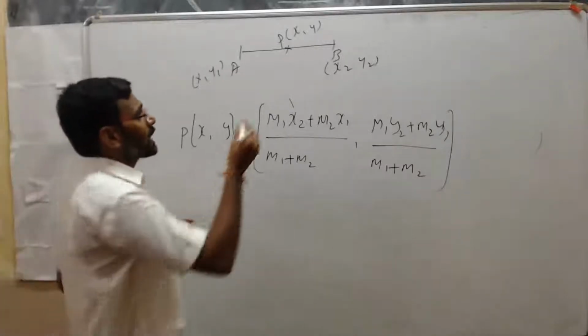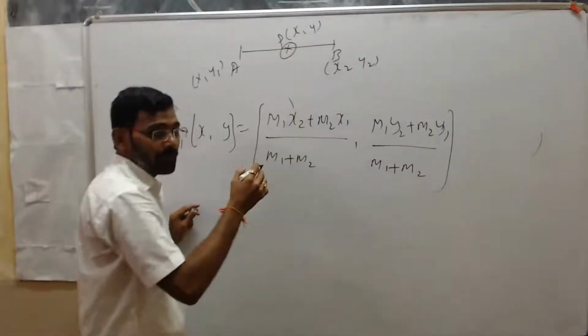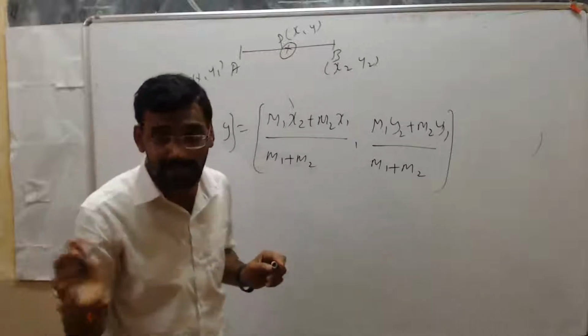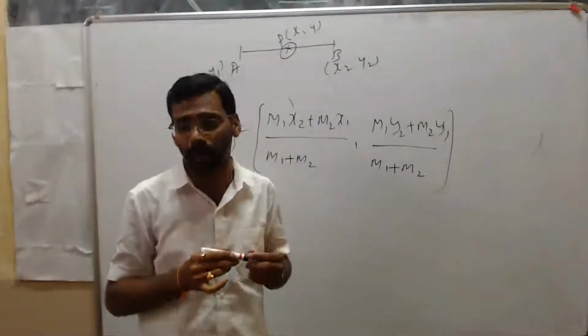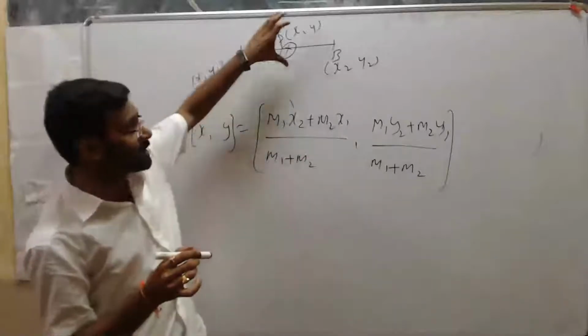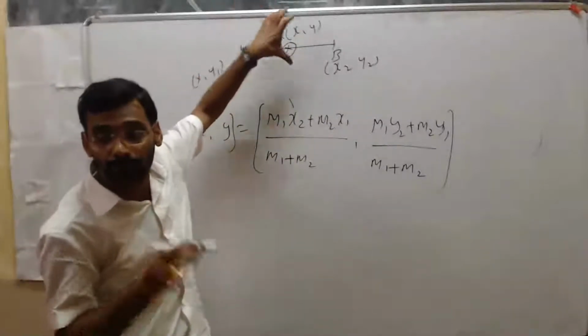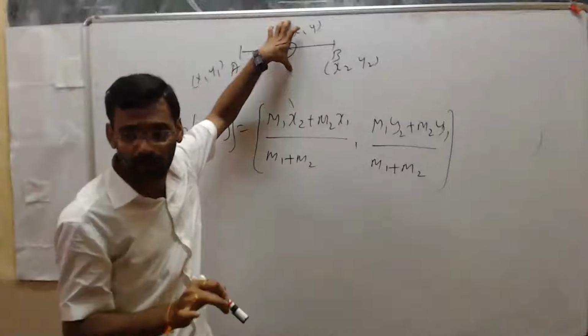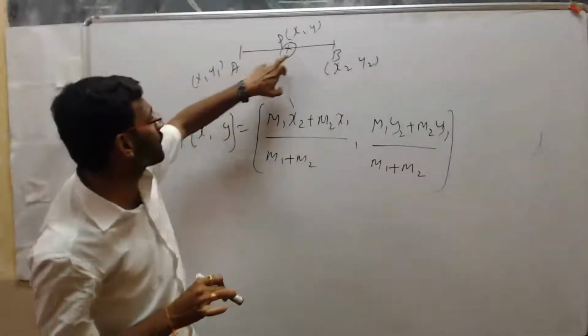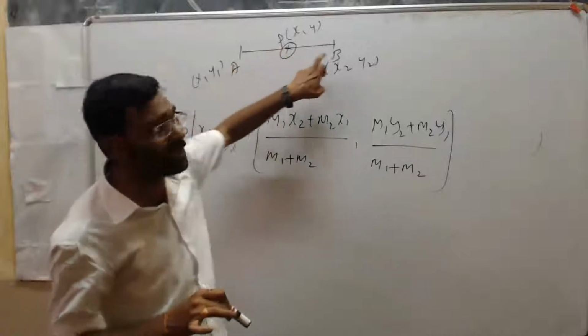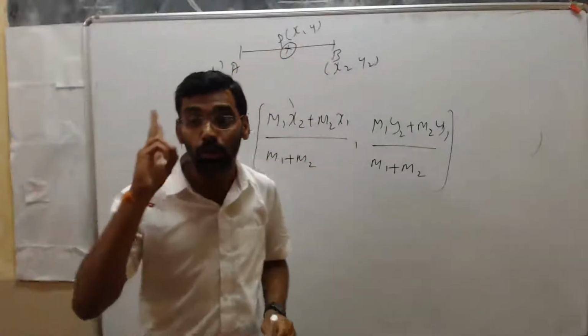Now the position of P, if the position of P is the midpoint, keep in your mind, students. If P is a midpoint, the point P will divide the line segment AB into how many parts? 2 parts.